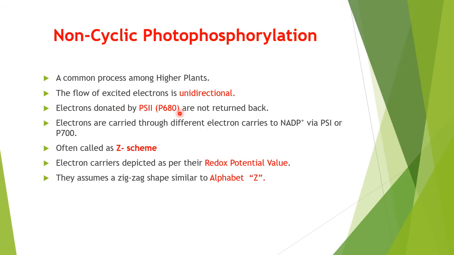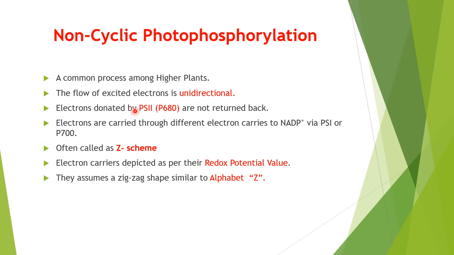We have already understood that in photosynthesis there exist two photosystems or two pigment systems, depending upon their absorption maxima: photosystem second and photosystem first, which are located within the thylakoid membranes. Here, two systems are involved in non-cyclic photophosphorylation.